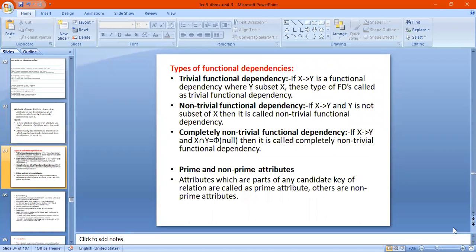Types of functional dependency. The types are trivial functional dependency, non-trivial functional dependency, and prime and non-prime attributes.